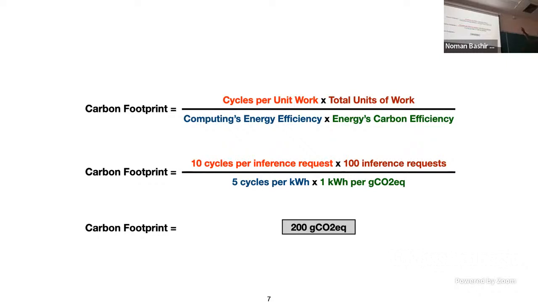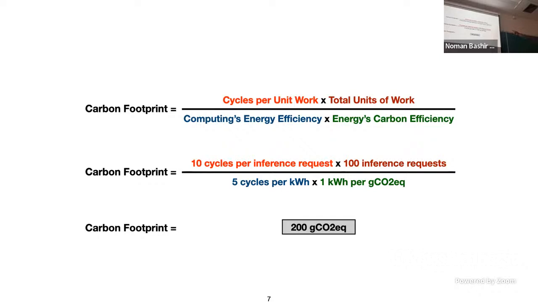And then there is energy's carbon efficiency, which tells how much energy I can produce if I emit 1 gram of carbon dioxide. Again, the higher value, the better. I have put some example numbers. For example, you have an inference request that takes 10 cycles per inference request. You have 100 inference requests, so it is 1,000.